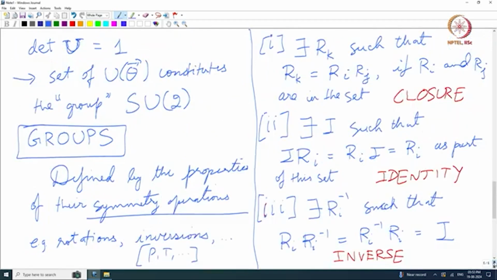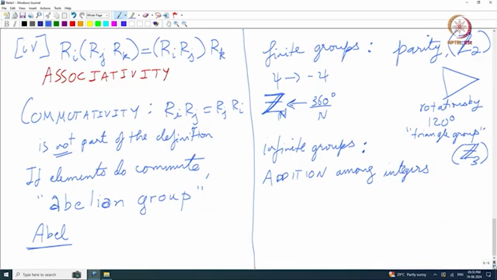You can see that. There is obviously closure and then the identity is 0 here. Here I am taking products, but now addition takes the place of multiplication that I have written here. If I add 0 I get the same number, the inverse is basically the minus of that number, and obviously I have associativity, correct. I also have commutativity, but I do not care about that as far as the definition of group is concerned. And since there are infinite number of integers, this forms an infinite group.